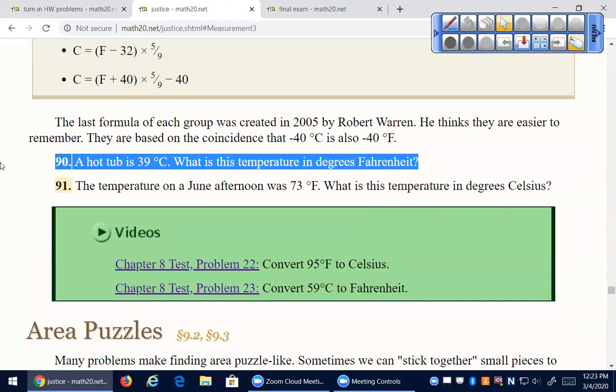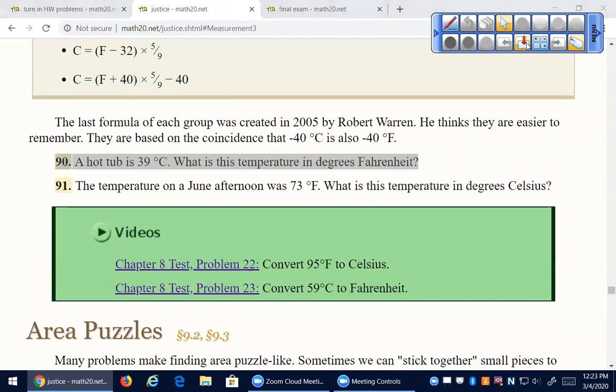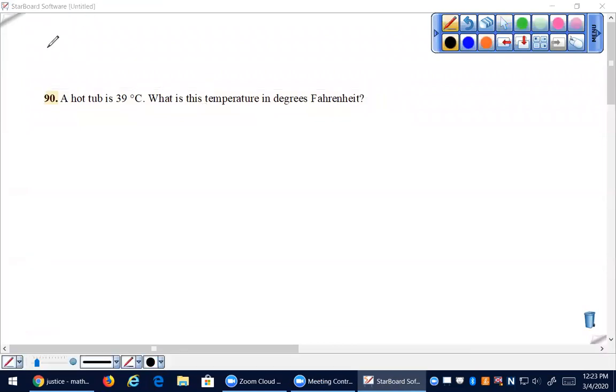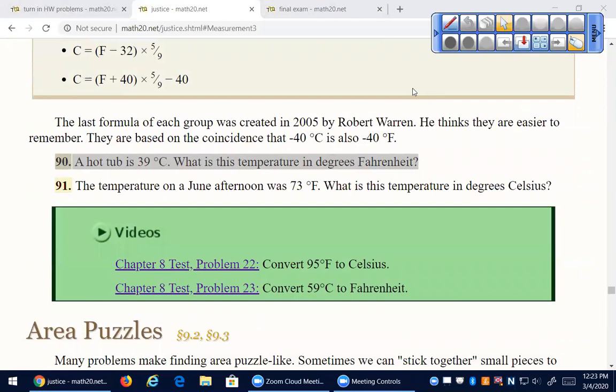Okay, so let's actually do this. Does anyone have a favorite formula to use here?